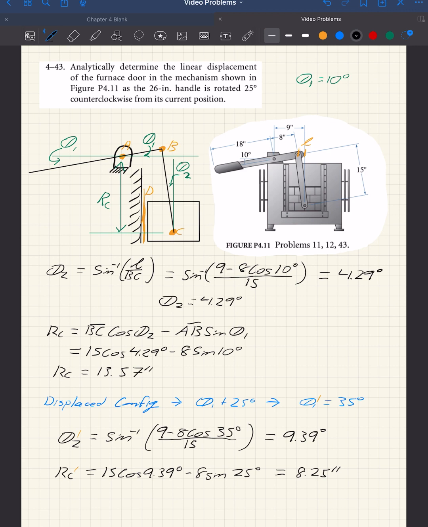So then the change in RC, delta RC, is equal to RC minus RC prime, which is equal to 13.57 minus 8.25, and that gives us 5.32 inches of displacement.